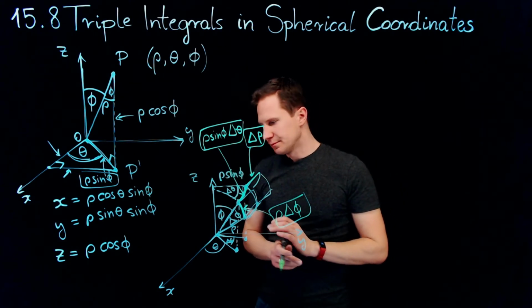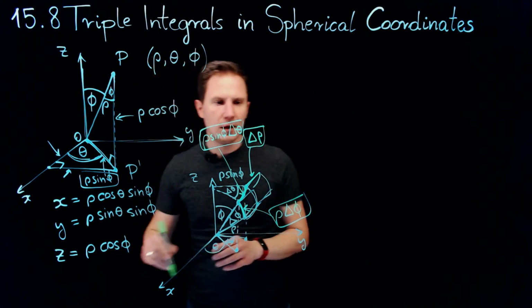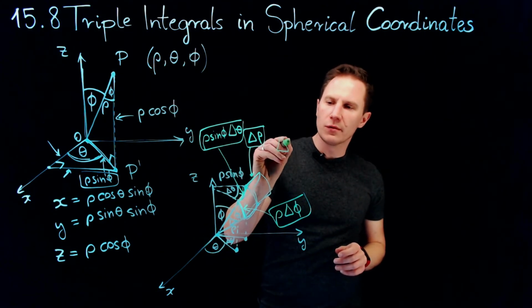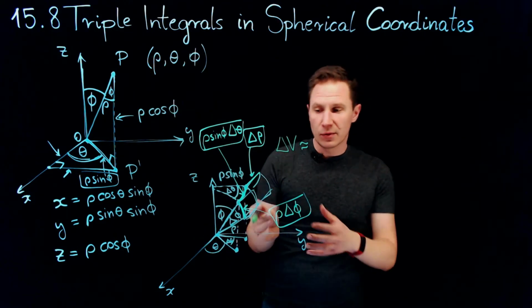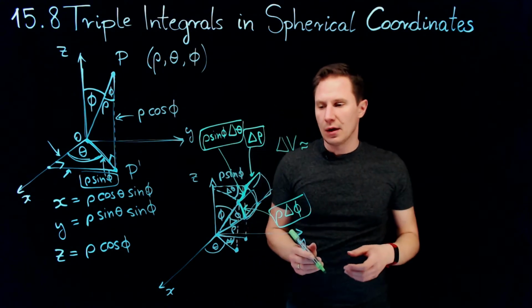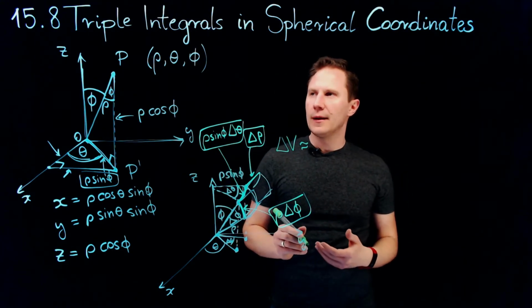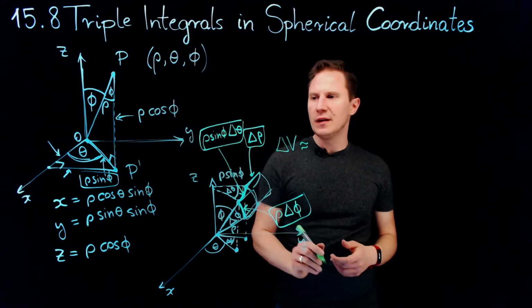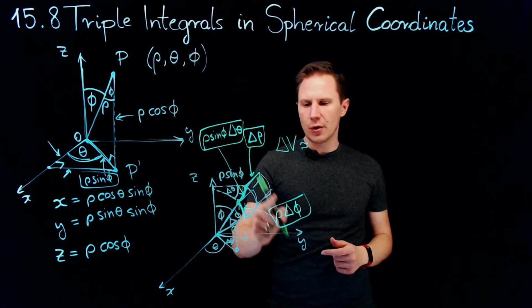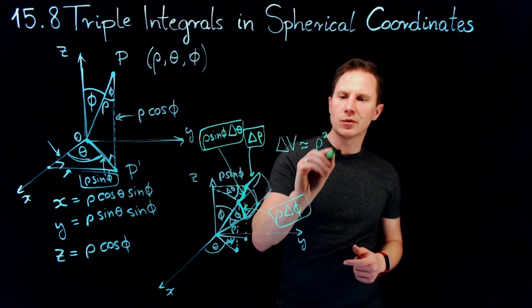spherical box. So the volume, the change in volume that the spherical box makes when we have these small changes in rho, theta and phi is the product of these three quantities. So you see rho appears twice, so that's rho squared.